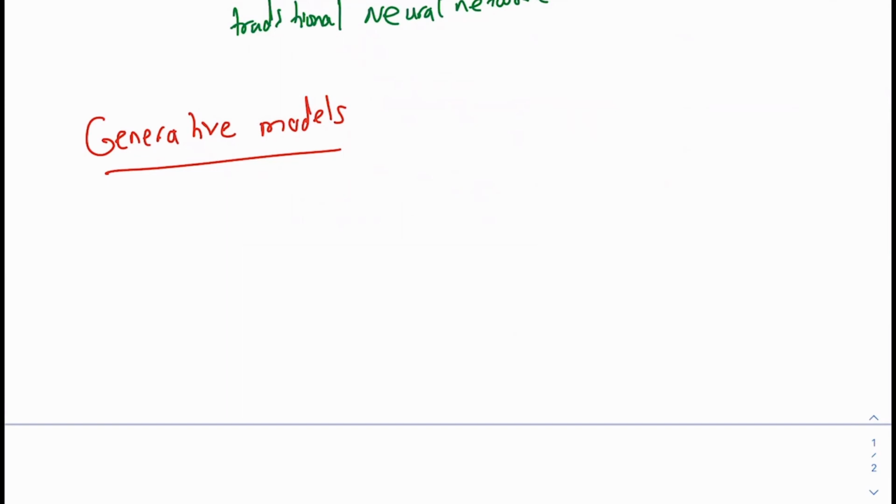In generative modeling, we don't do that. We learn the probability distribution for both input and output jointly. So in generative models, we learn the probability of x and y, the joint distribution of the input and output.